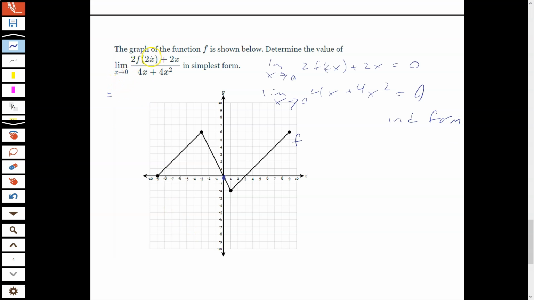So the limit here, and be careful here, so we have f of 2x here. So we are going to use chain rule. So 2 times 2 is 4, and then f prime of 2x.